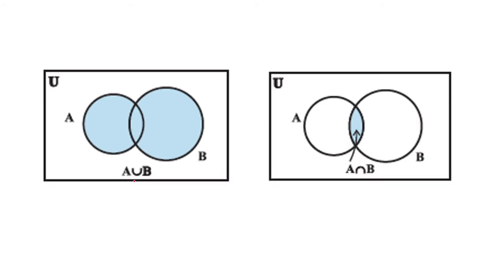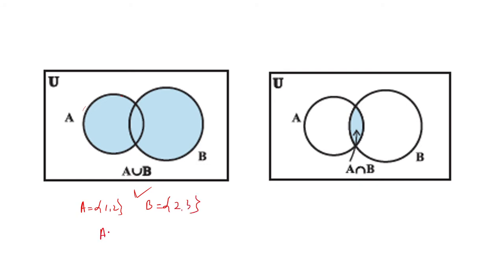Okay, next. A union B. What is A union B? If you are asked to draw A union B in a Venn diagram, A union B means everything. Everything you have to take from this. This is A, this is your B, and everything present here. So, example, A equal to 1, 2, okay? B equal to 2, 3.